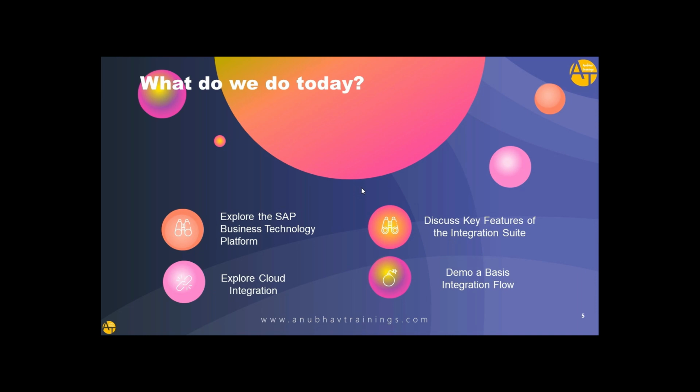Your SAP CI is nothing but SAP Cloud Integration, which supports end-to-end process integration through the exchange of messages. SAP Cloud Integration helps you to connect cloud and on-premise applications with other SAP and non-SAP cloud and on-premise applications.